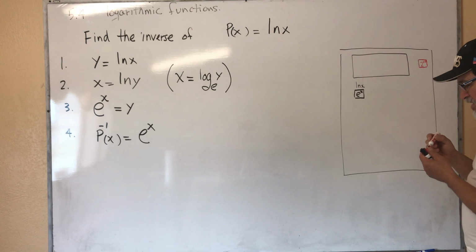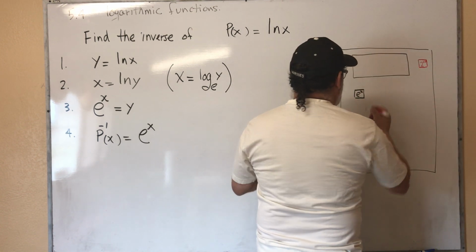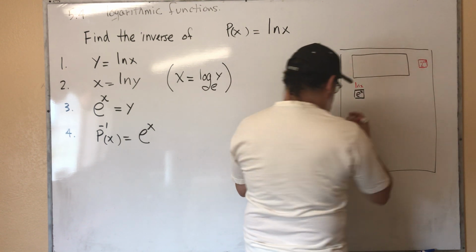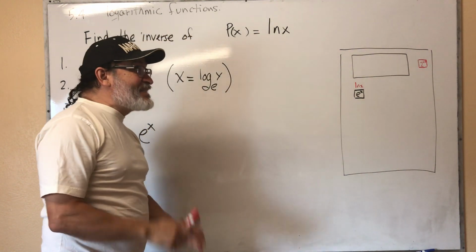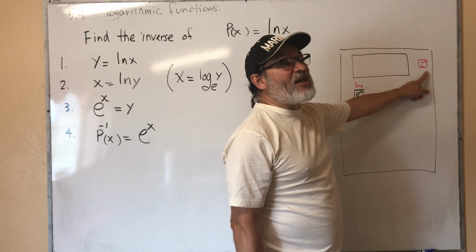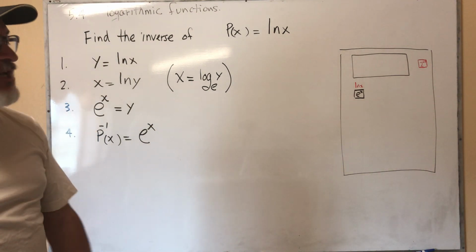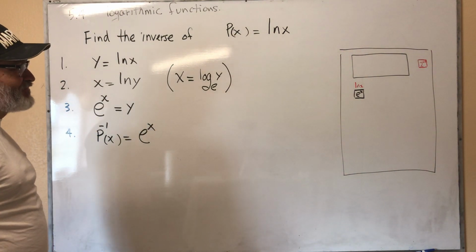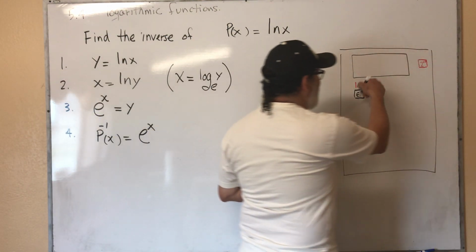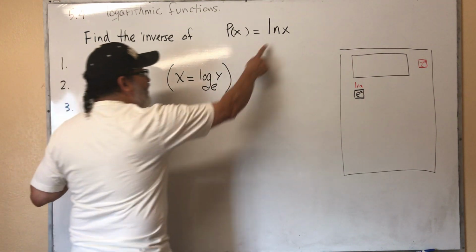I should have written it in red. So that means the second key really is giving you the inverse of e to the x. They're inverse of each other. Look, good class, e to the x is the inverse of ln x.